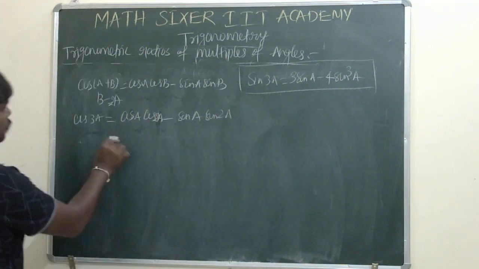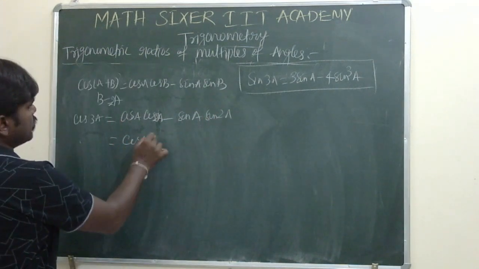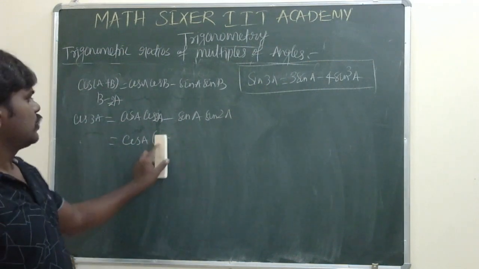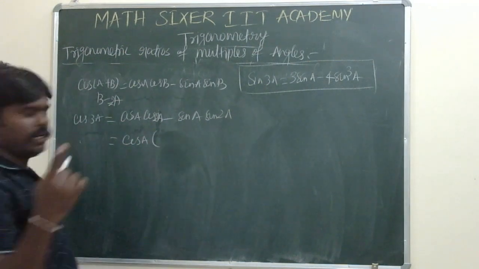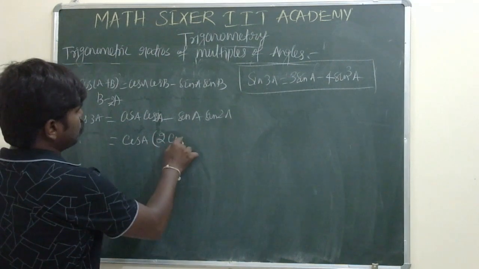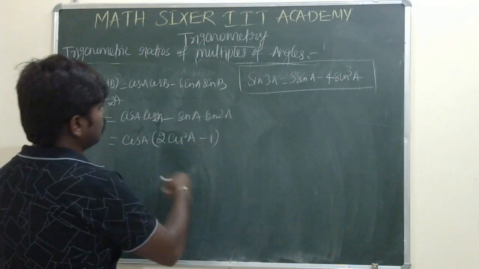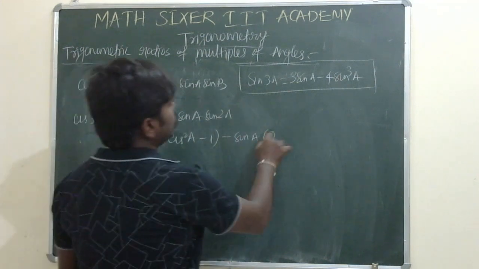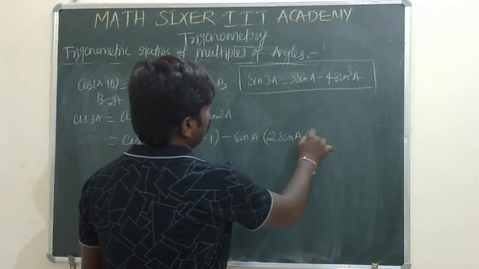Here cos a cos 2a, in terms of only cos we have to express, so cos 2a in terms of only cos is 2 cos square a minus 1, minus sin a, and sin 2a means 2 sin a cos a.